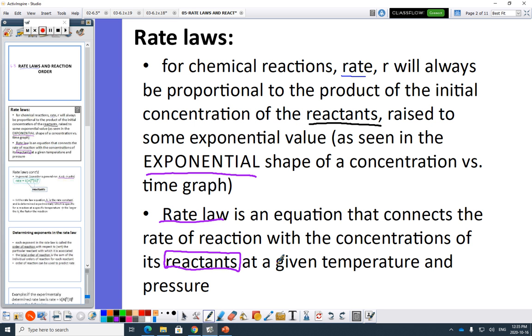It's not a straight line. So when you're asked to write a rate law, it's going to connect the concentration of the reactants only. Today we'll look at how you can use data to figure out the rate law, and then when you come back Monday, we'll use reaction mechanism and the rate determining step.